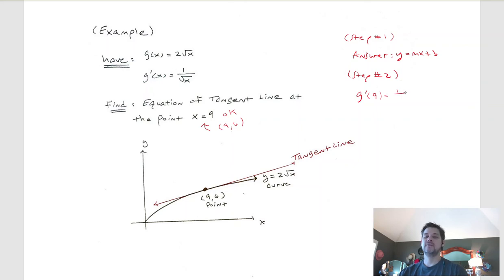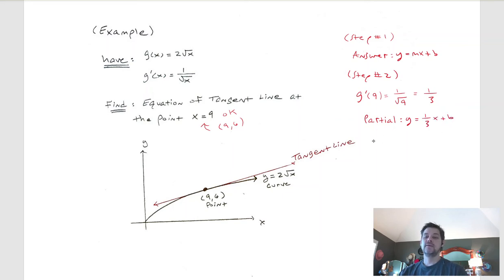That's going to be 1 over square root of 9. Square root of 9 is 3, so that's going to be 1 over 3. So the slope of my tangent line is 1 over 3. Okay, so this is my partial answer. It's 50% of the answer. Y equals 1 over 3x plus b.